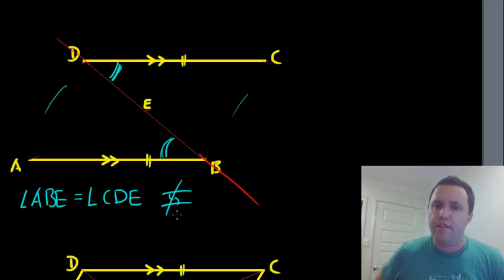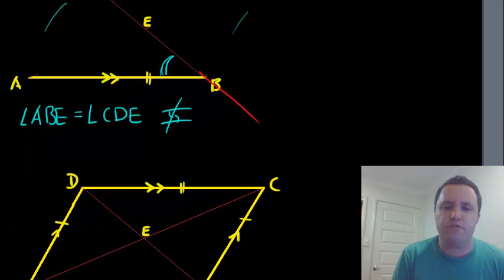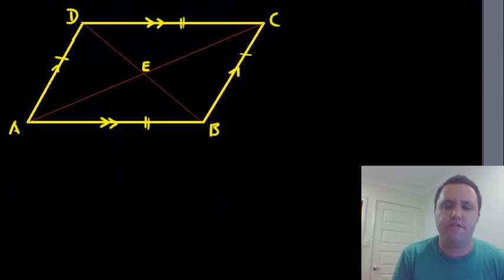Okay, something that we've learned a little bit earlier. So that means that we can go a little bit further thinking about our properties of quadrilaterals. Let's move down for the quadrilaterals.